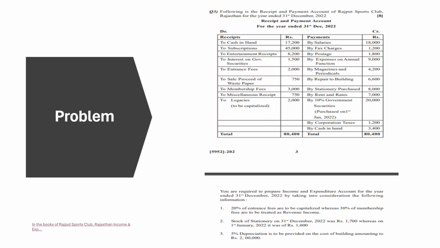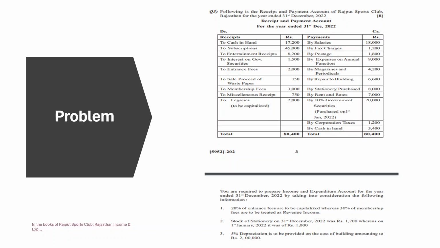Okay. Then the second adjustment, what is there? Stock of stationery on 31st December 2022 was rupees 1,700, whereas on 1st January 2022 it was rupees 1,000. Means the opening stock and the closing stock of the stationery is given. Okay, so it will affect which item?